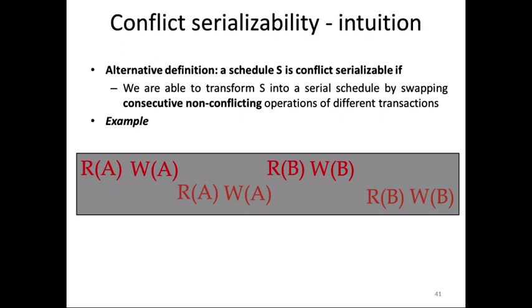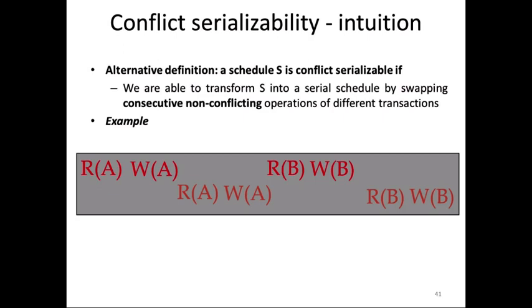So you have here such a schedule, and let's ask ourselves, is it conflict serializable? We make this question more precise by asking ourselves, can we transform it into a serial one just by swapping at each step consecutive non-conflicting operations of different transactions? So what do you think?